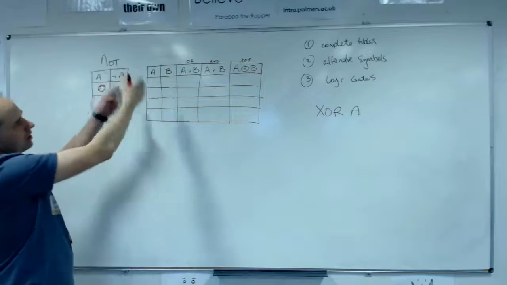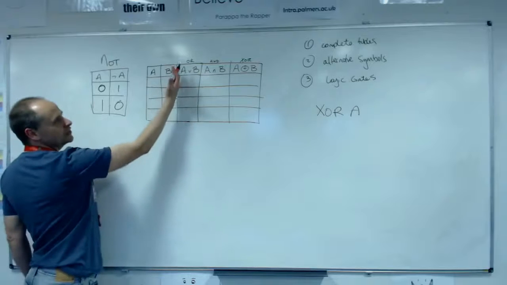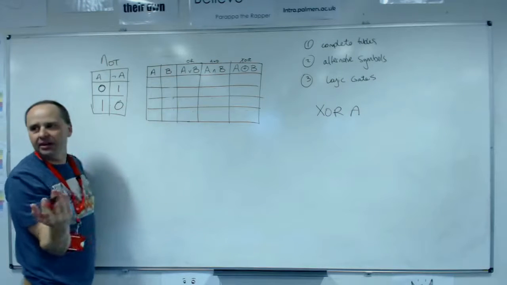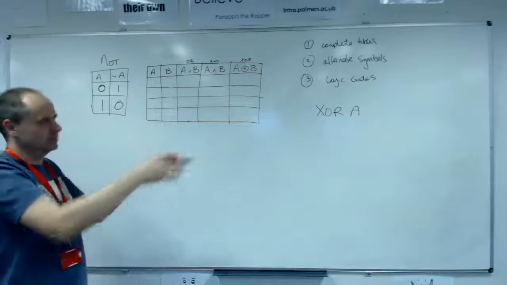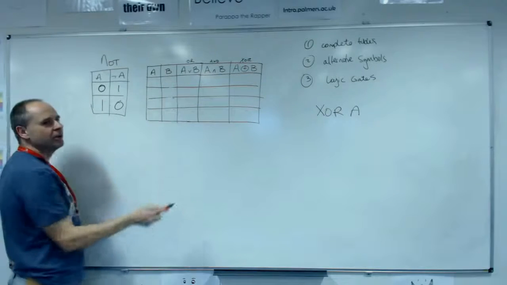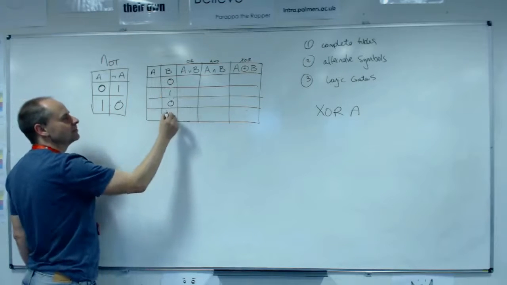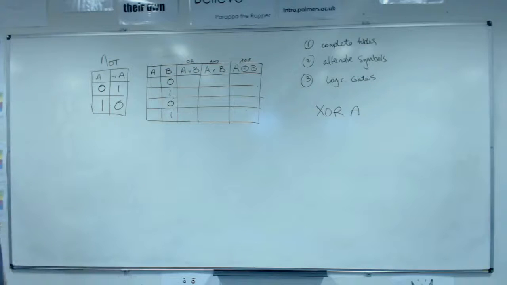When we do the inputs for these ones that involve more than one input, if you start from the right hand side, we've got A and B here, and I'll do an example in a minute with A, B and C. Start with the right hand one, and all you need to do is alternate the values every single row.